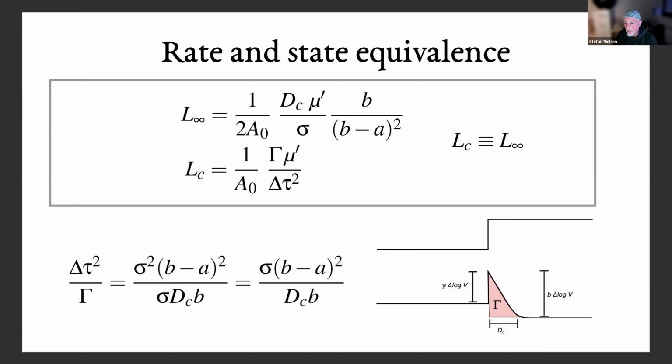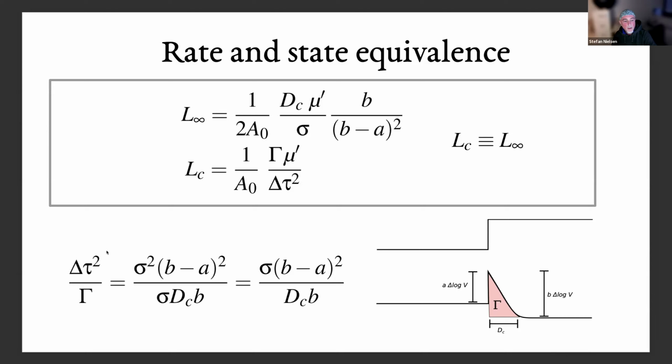sigma times B minus A. And the restrengthening would be proportional to A times sigma. The normal stress is sigma. And there's a characteristic distance Dc. And if you assume that all the dissipation comes from the friction here, this area here, which is in pink, is proportional to Dc and to B times sigma.